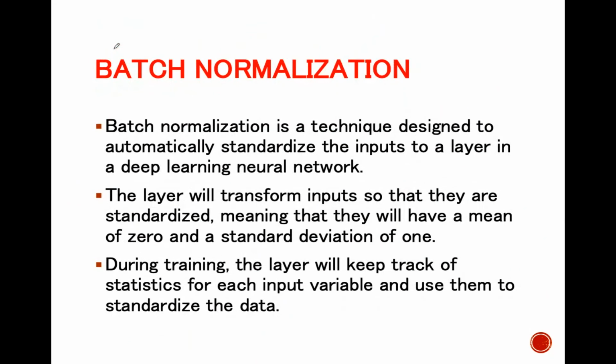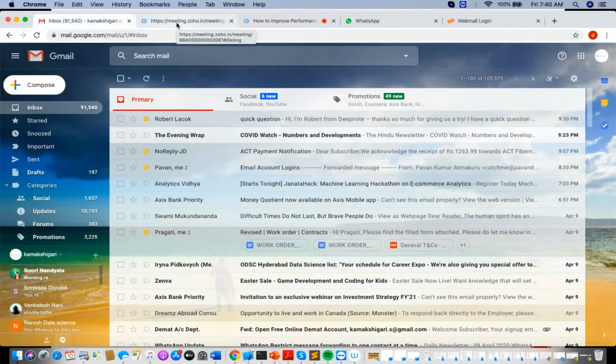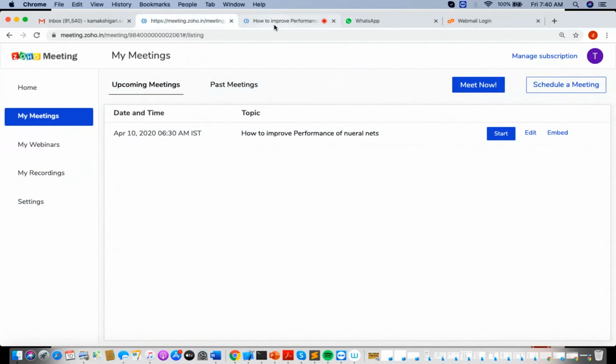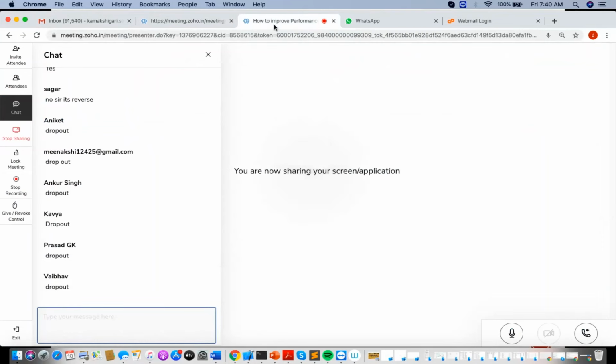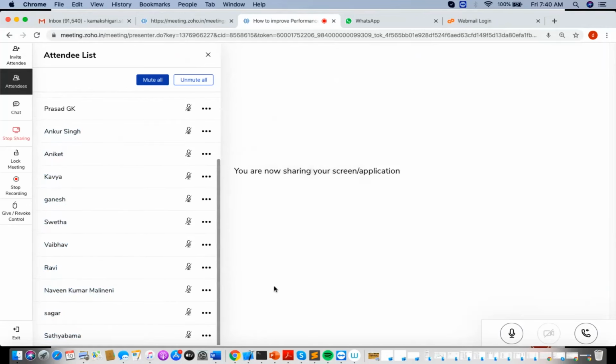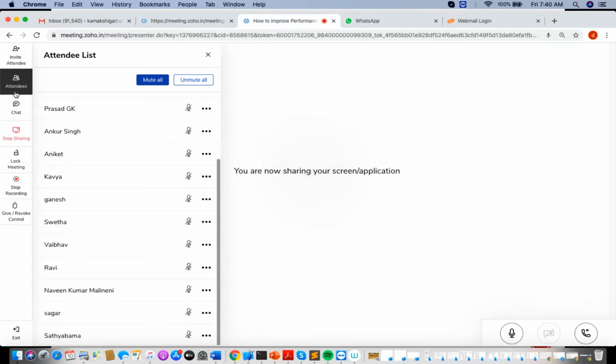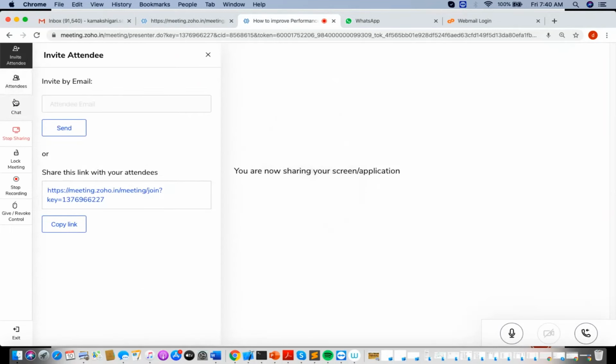The other technique is batch normalization. What is batch normalization, Naveen? Anybody, what is batch normalization?